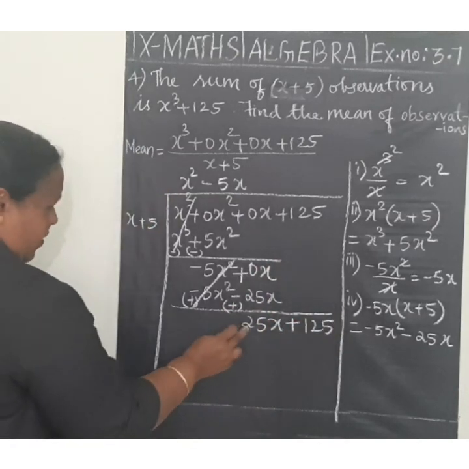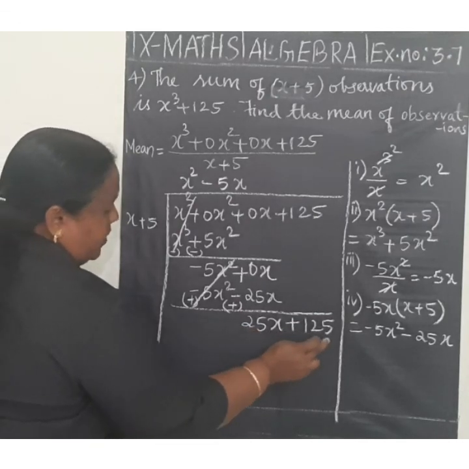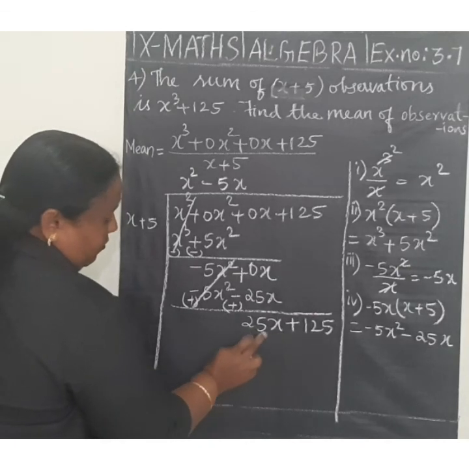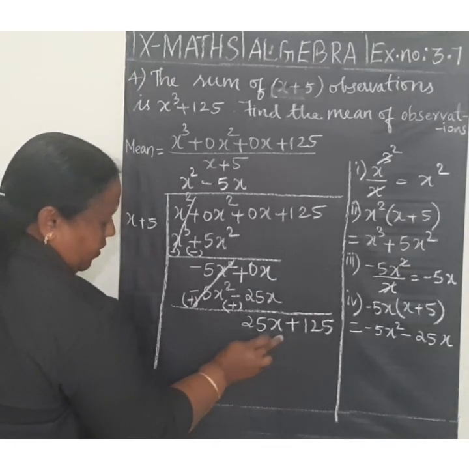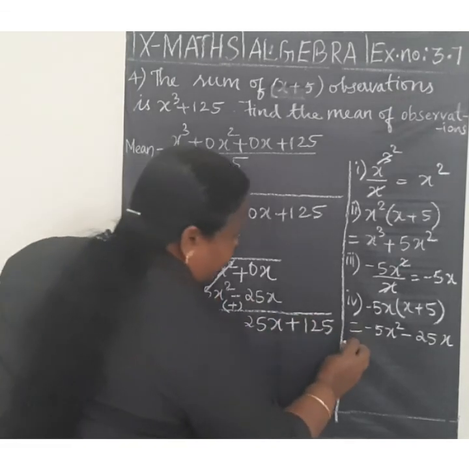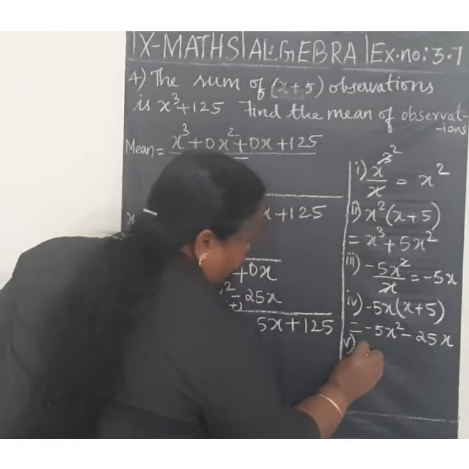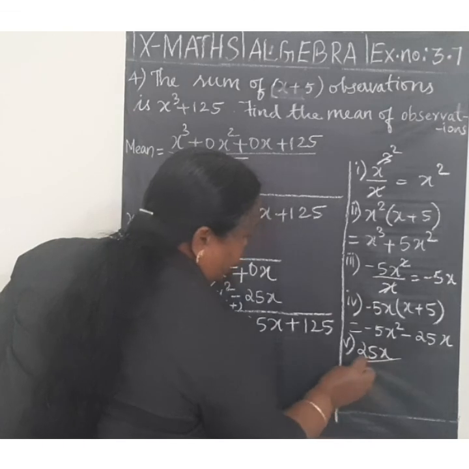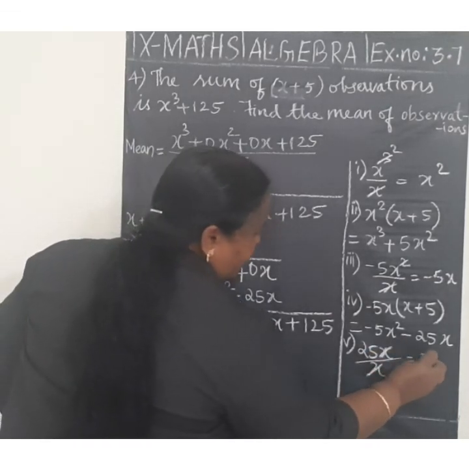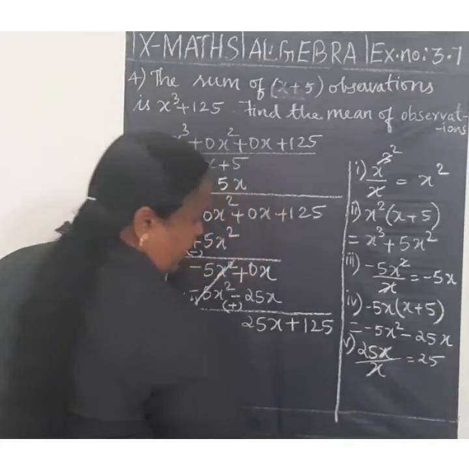Now we have to divide 25x plus 125 by x plus 5. In this, first we take the first term 25x divided by the first term of the divisor. So 25x divided by x. x gets cancelled, so we get 25.